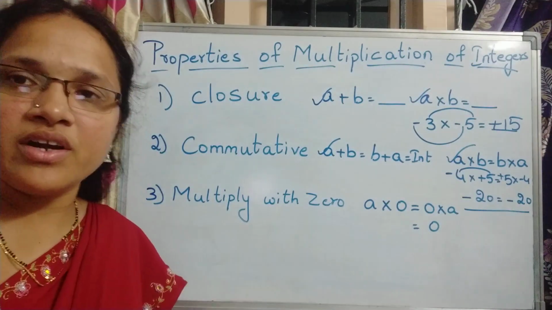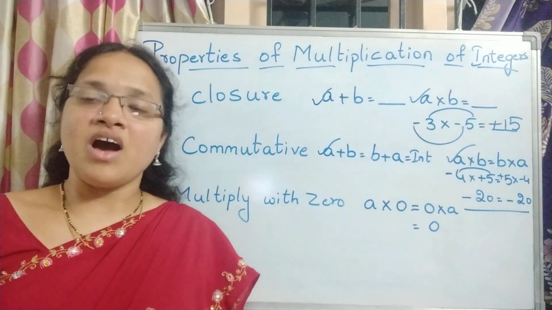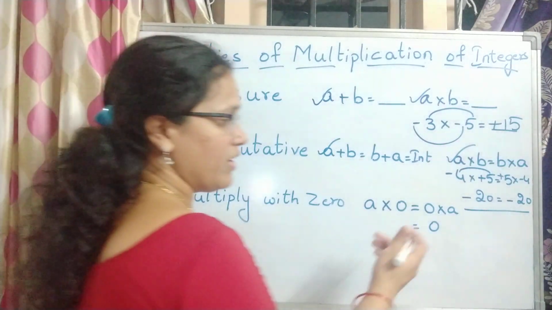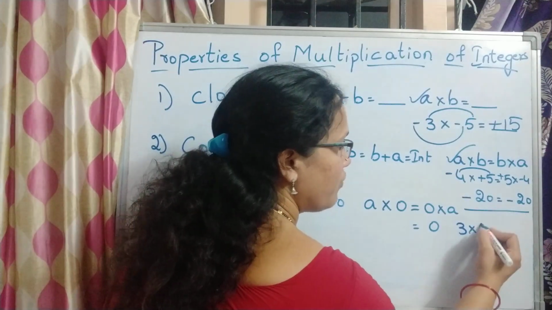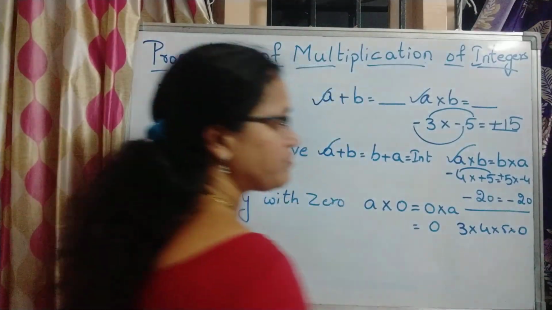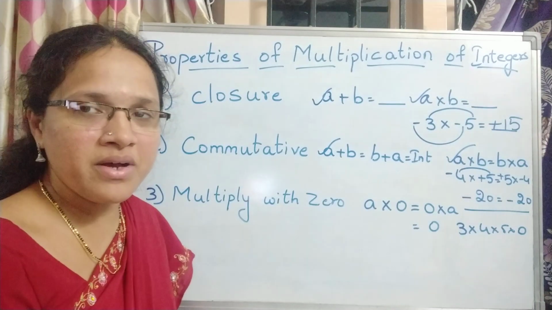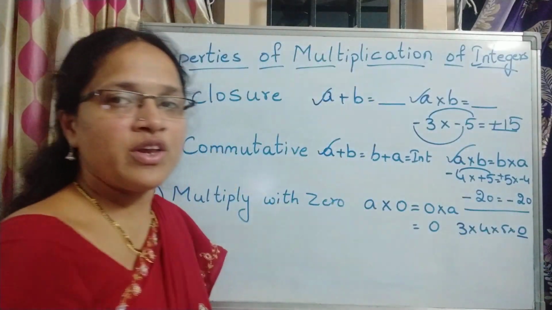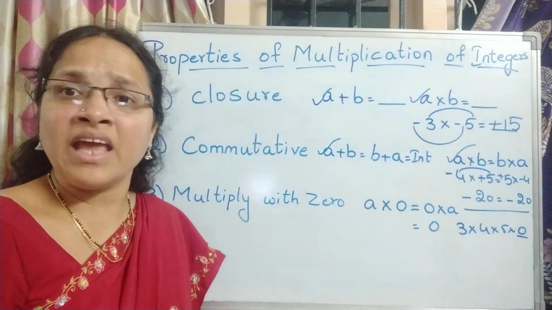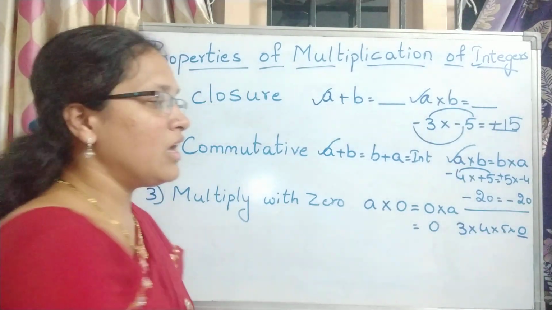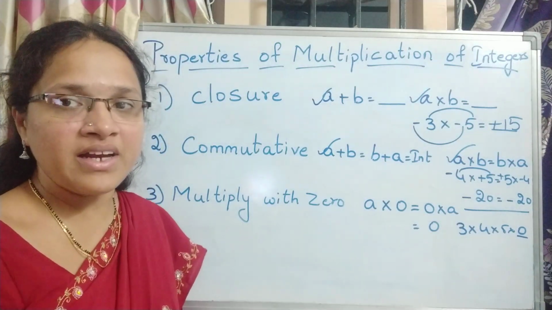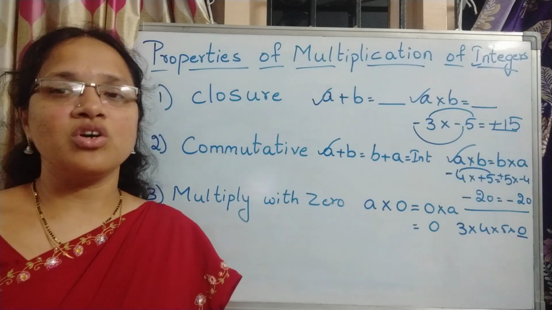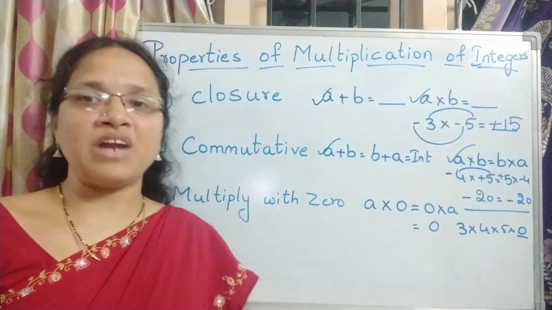So 0 into 100 is also 0, and 100 into 0 is also 0. If you are given something like 3 into 4 into 5 into 0, when you are multiplying so many numbers, use a small trick: keep in mind that there is a 0 here. So when you multiply any huge number, up till infinity, with 0, you will get 0. This is the multiplication with 0, a common thing you know from the beginning.